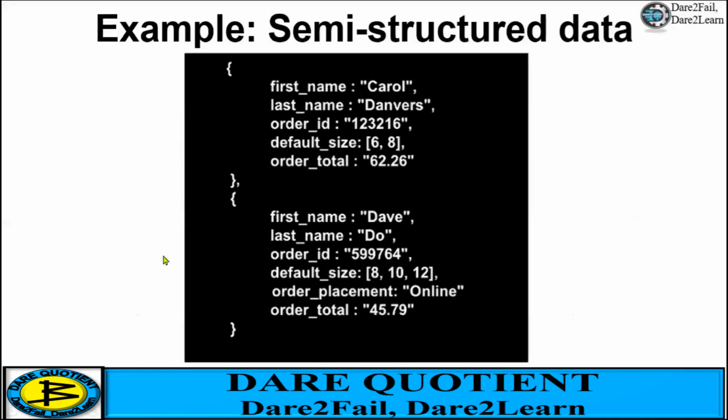An example here is just a file like this. Within this file, you can see you have the first name, the last name, the ID, default size, and the other total. So you have different names, but it's not in any specific structure.